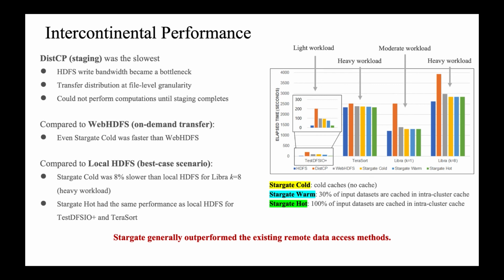Stargate performance was even comparable to local HDFS for TeraSort and Libra k equal 1 case. Stargate was 8% slower than local HDFS for Libra k equal 8 when it had cold caches, but it still was faster than existing remote data access tools.